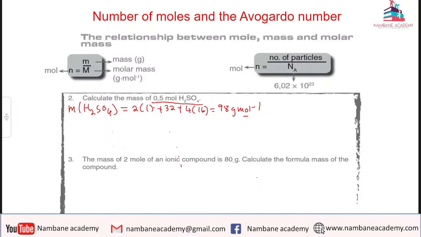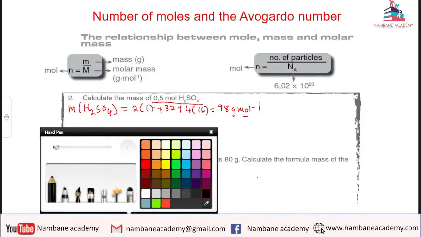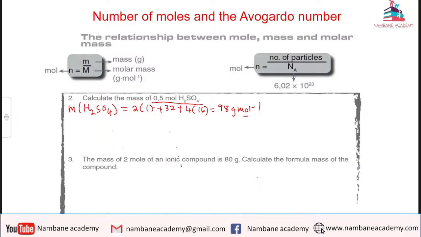The formula, ladies and gentlemen, I must write it as it is from the formula sheet. That is now n = m/M. This will be now 0.5, and then m is what the examiner is asking, divided by 98.